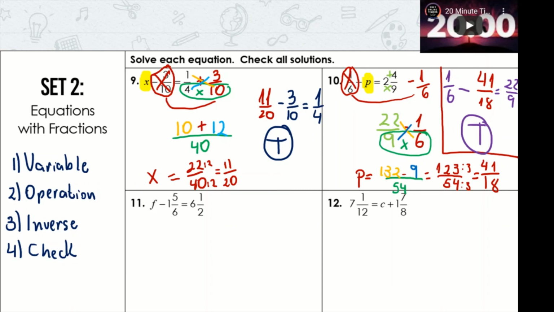Mister, can I use it? Yes, guys. If I tell you to use it, you have to use it. Just to check, not to solve the problem. The fraction is 1 over 6 minus 41 divided by 18. 41 and 18, and you hit calculate.